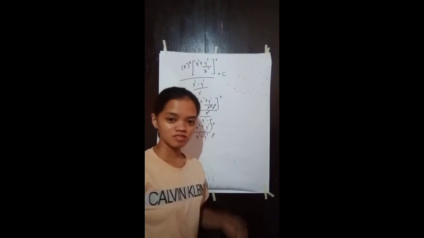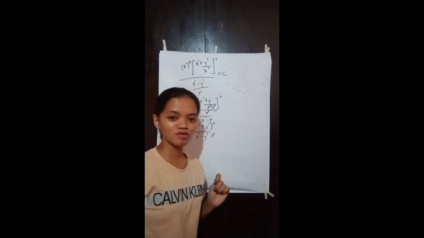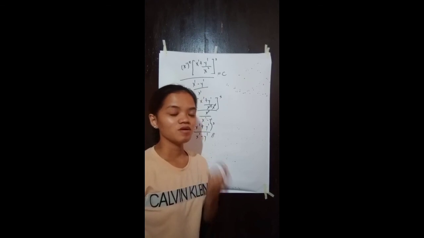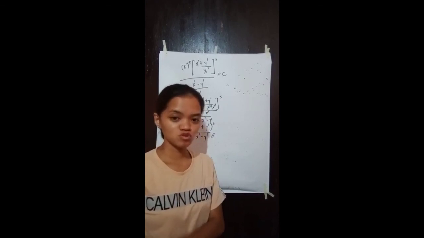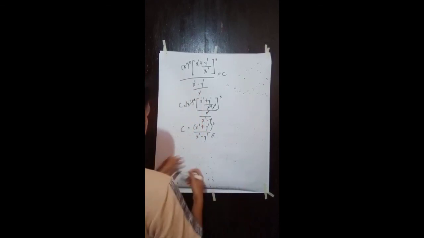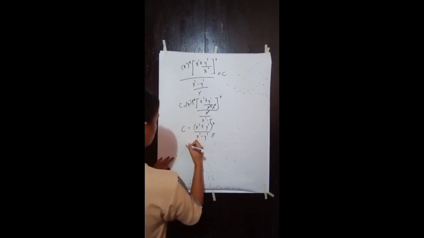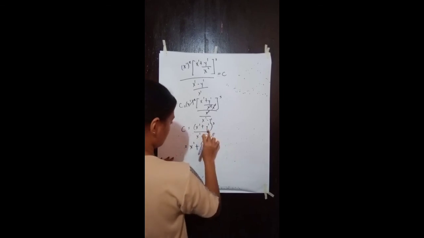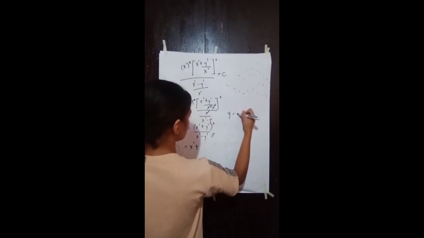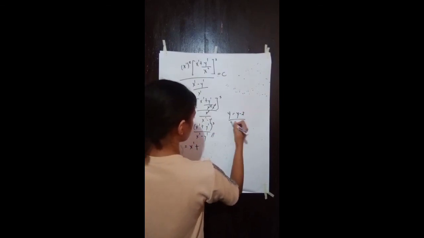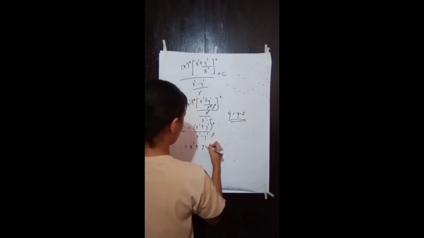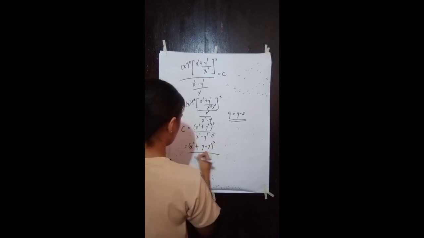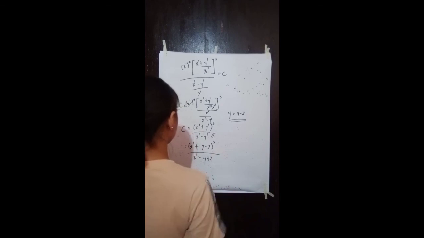Move to step 4. So, what if naman daw yung value ng y is equals to y minus 2. So, let's change it. So, x prime plus ang value nga daw ng y is equals to y minus 2. Y minus 2 cube x prime. Value ulit ng y, positive.